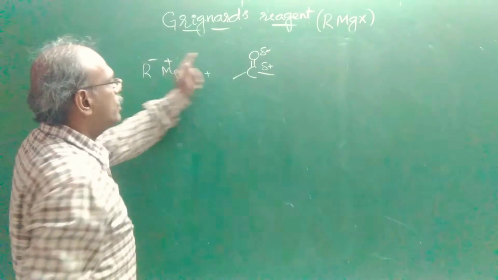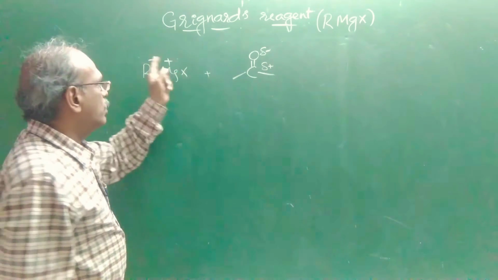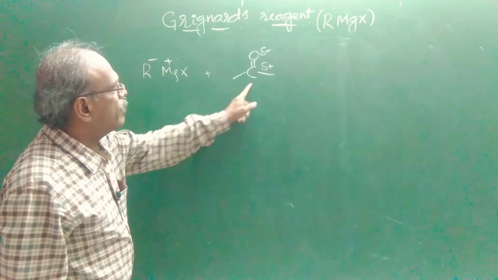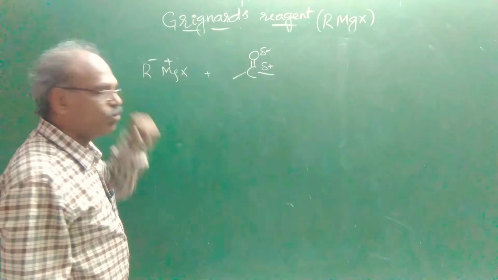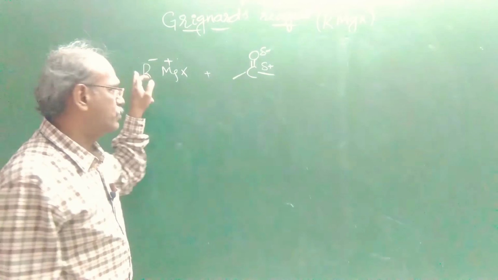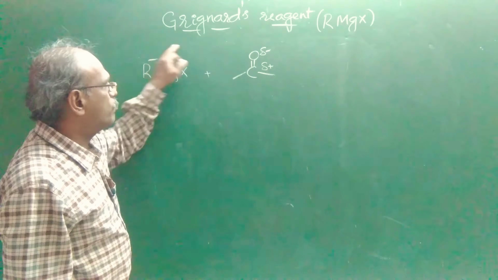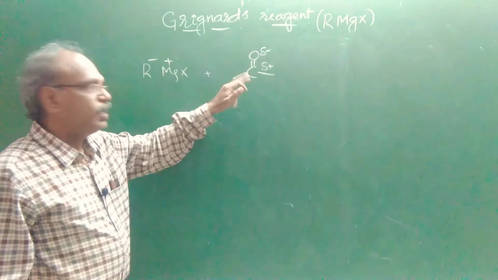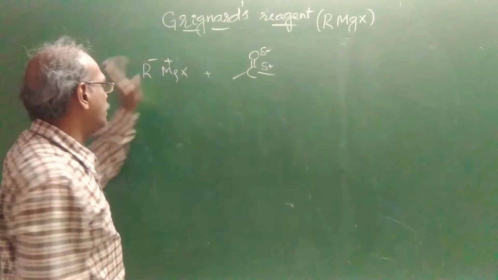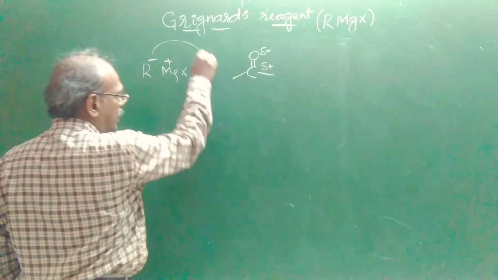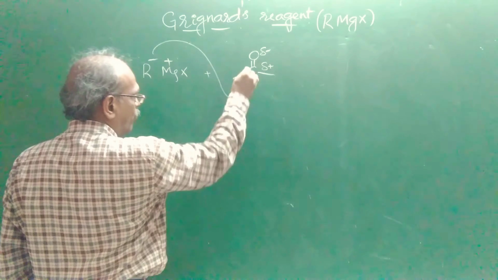Here there is no acidic group. It donates an electron pair to this carbon. If it reacts with H plus, then it is said to be an acid, a base. If it donates an electron pair to an electron deficient center other than H plus, then it is called a nucleophile. Now here it is acting as a nucleophile.